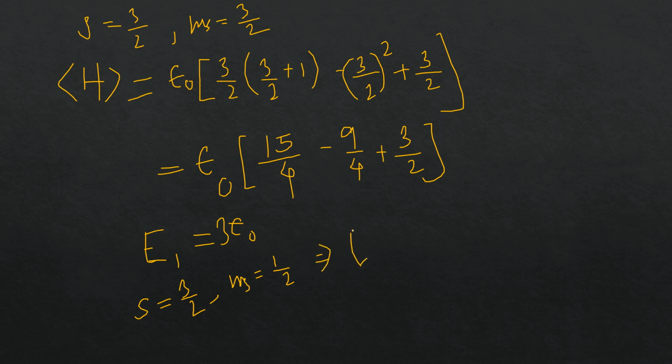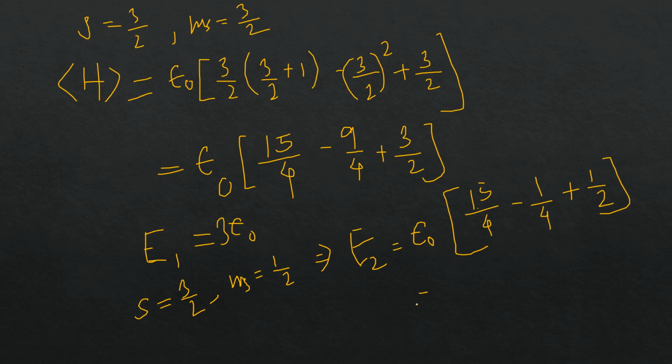So this becomes what? E is equal to what? For example, this is E2. So E2 becomes epsilon naught, and this one is becoming 15 by 4 again, minus 1 by 4, because 1 by 2 whole square is 1 by 4, plus 1 by 2, right?